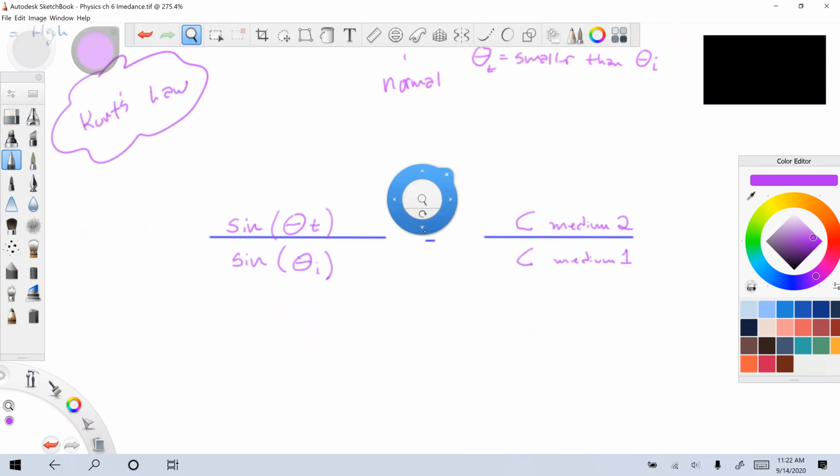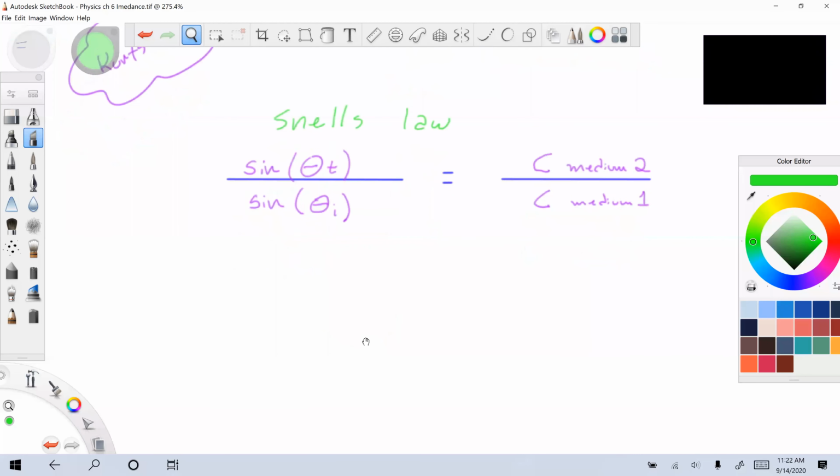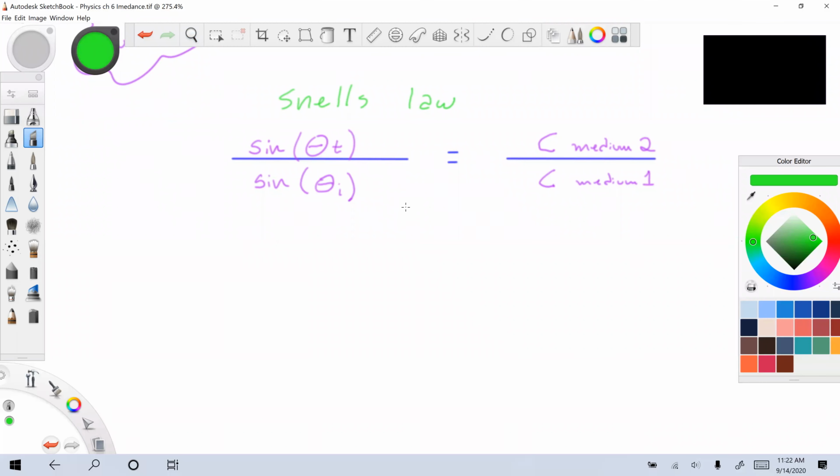So that's just kind of like, hey, heads up, this is what Snell's law is. And by the way, I wrote in my book anyway, just so you know, an angle of 0 degrees has a sine of, whoops, got that exactly backwards, 0.0.